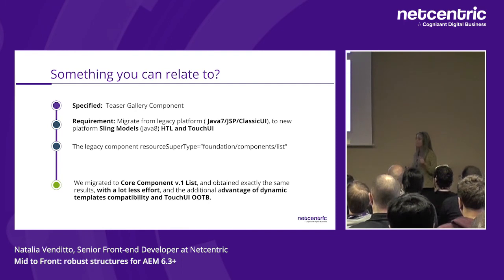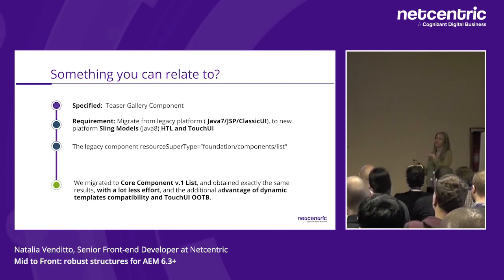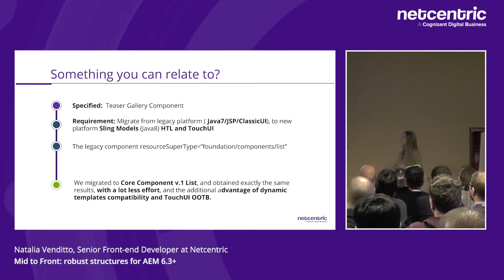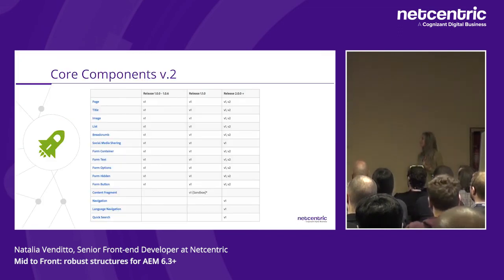In the legacy platform, the resource supertype was foundation component list, and in order to achieve all this migration, we leveraged core components and migrated to core component version 1 list and obtained exactly the same results with a lot less effort and the additional advantage of having dynamic templates compatibility and TouchUI out of the box and the style system as well. So again, there is absolutely no need to reinvent the wheel every time.